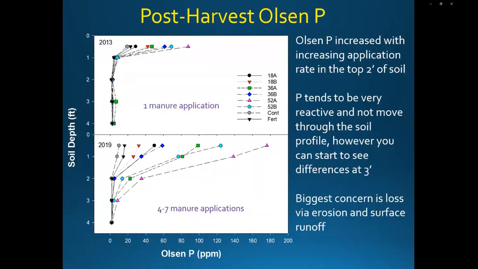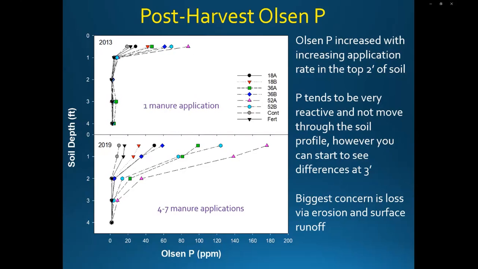So every year we would take these post-harvest cores from each of the plots down to between 4 and 6 feet and look at the nutrients throughout the soil profile. So this is looking at the Olsen P following either 1 manure application on the top or 4 to 7 manure applications on the bottom.